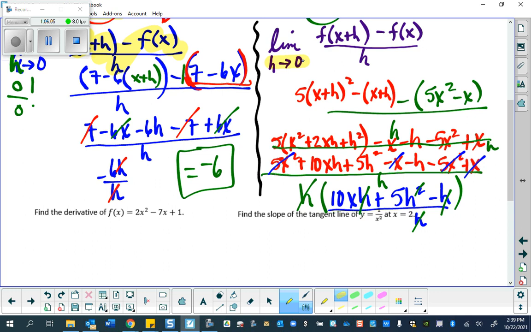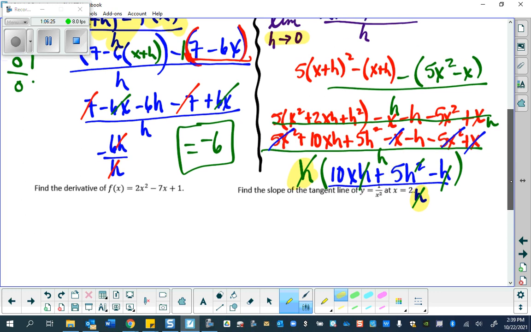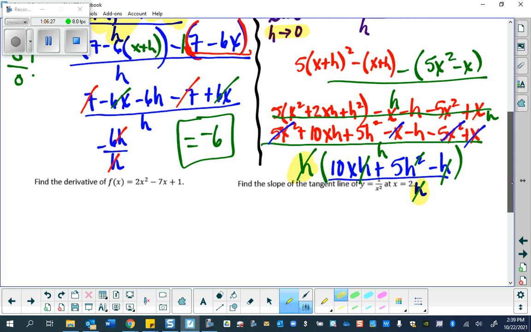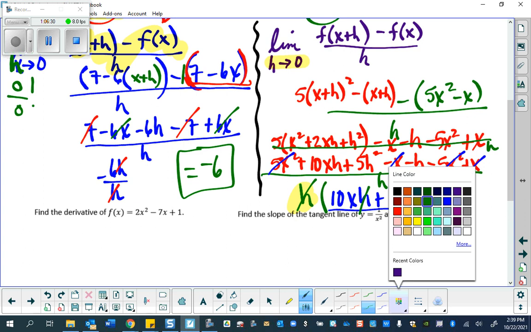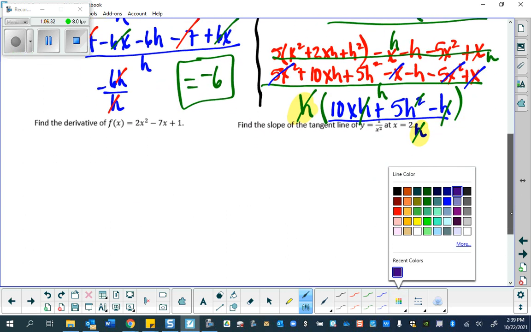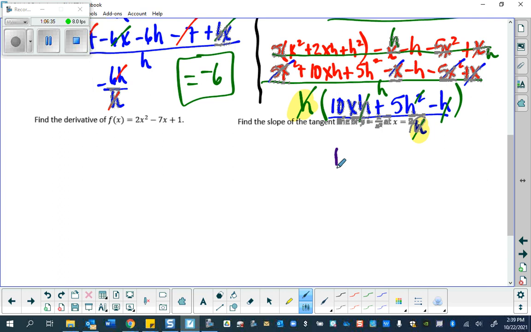But by substituting my function values in and doing some absolutely wicked cool math, I was able to eliminate the possibility of giving me that indeterminate form 0 over 0 again. So the beauty of mathematics is when all this stuff works out. So that gives me 10x plus 5h minus 1.